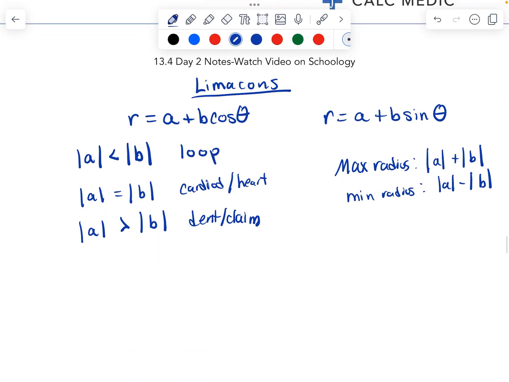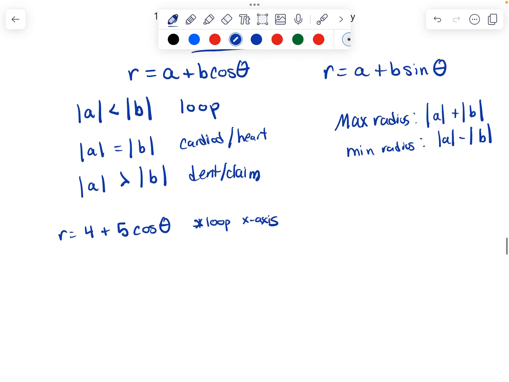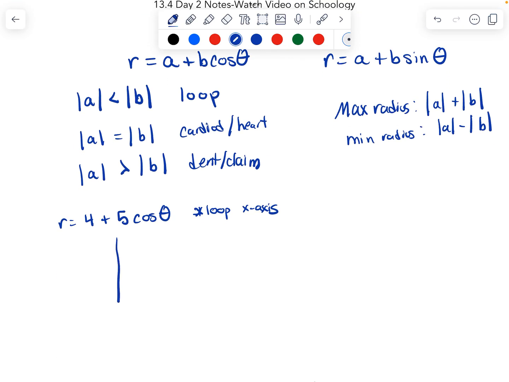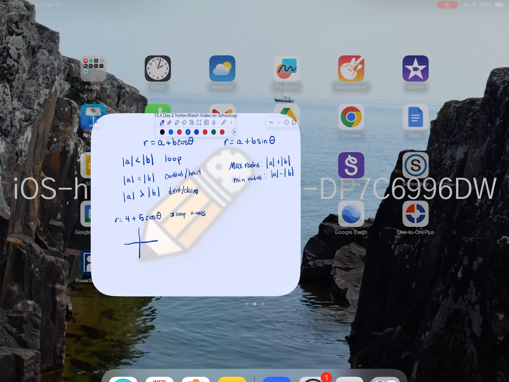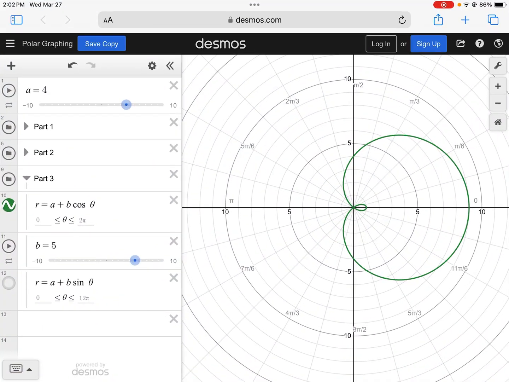So for example, we had r equals 4 plus 5 cosine of theta. So what do we know? We know this is a loop on the x-axis, right? And if we were to draw this, make a little rough sketch here.